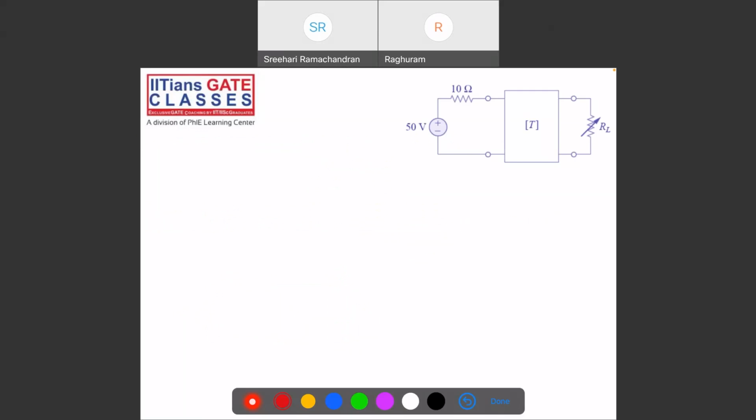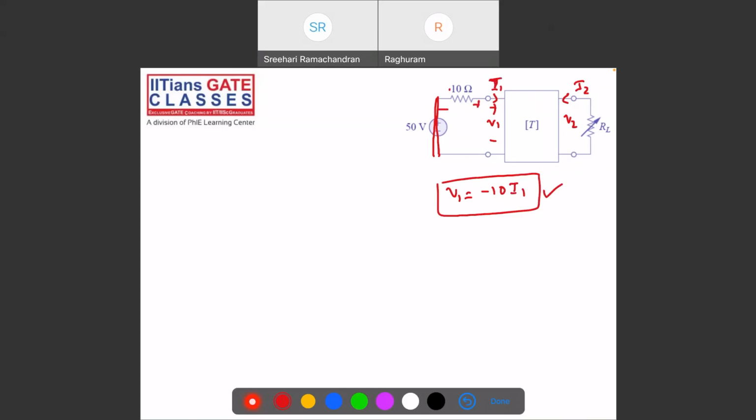See, to find Z Thevenin, I need V2 by I2, right? And shorting this, now this will be my V1, and this is my I1. I can write V1 as minus 10 times I1, whatever the voltage drop across this 10 ohm resistor. The voltage drop is resistance into current, and current is minus I1 here.